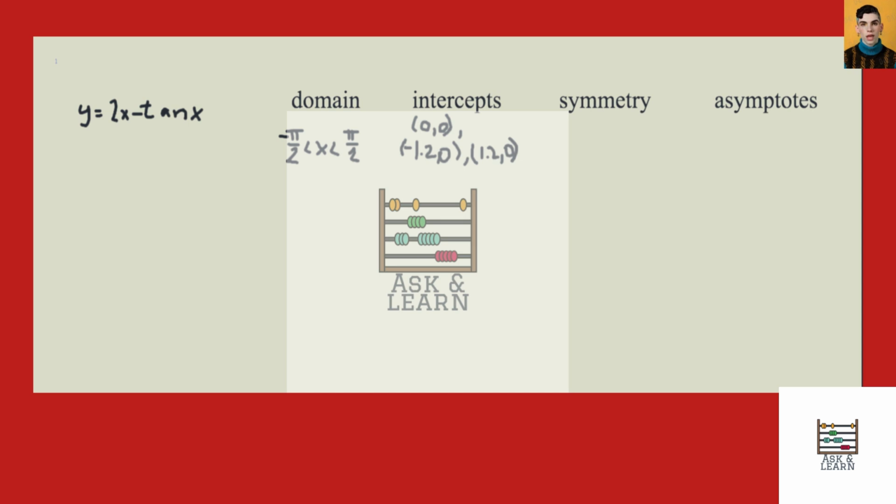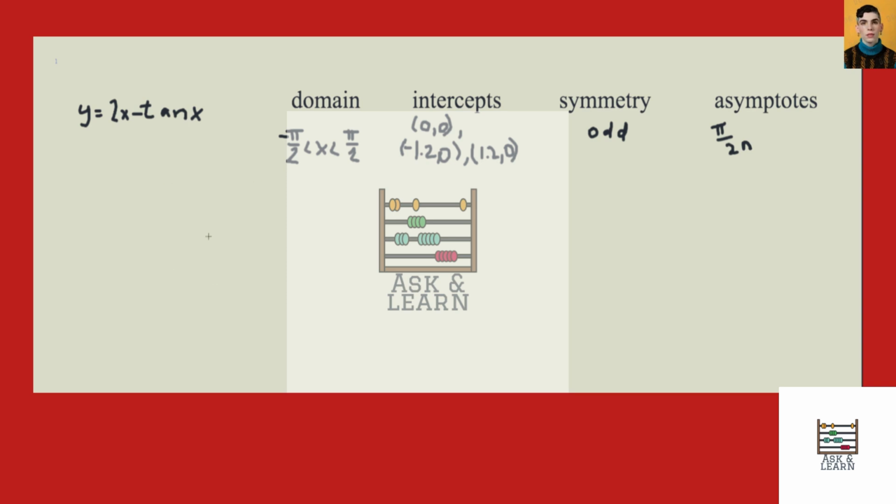So the symmetry is odd. The asymptotes, because you see a tangent here, it's every pi over 2n. Now we're going to see the increasing and decreasing intervals.